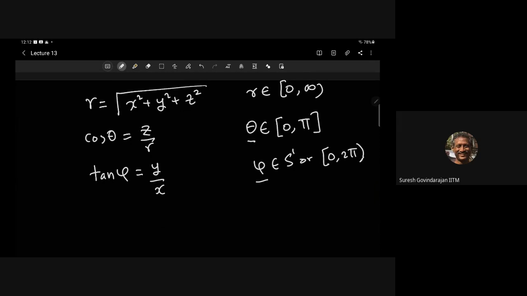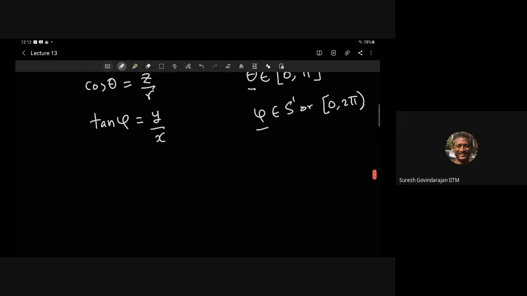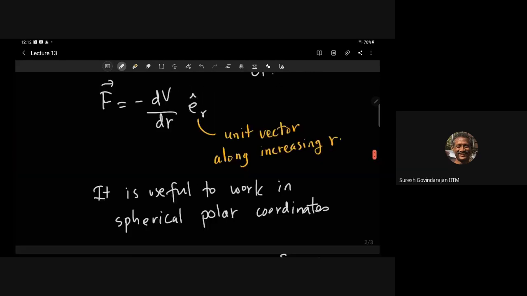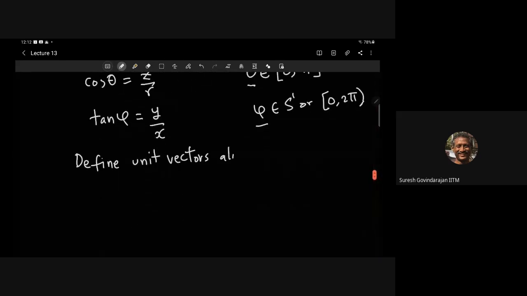So we'll define unit vectors along each direction. I'm sure all of you have seen these things.